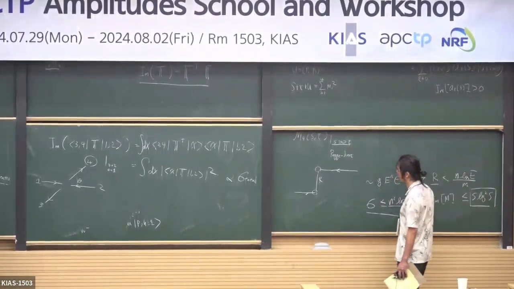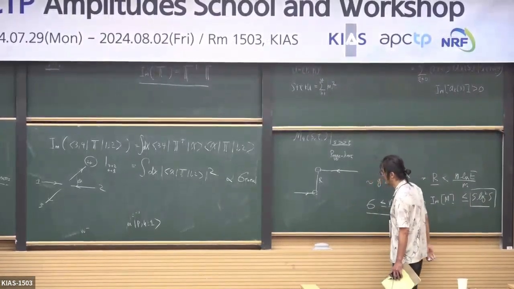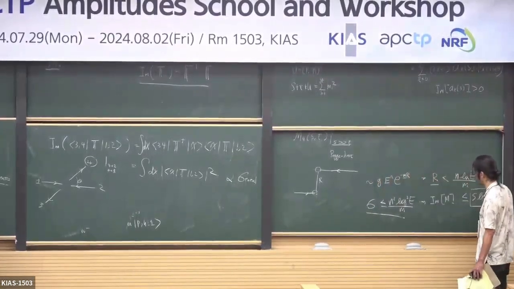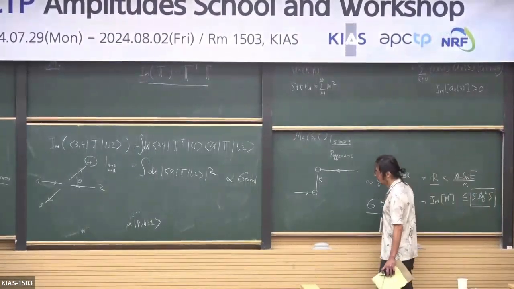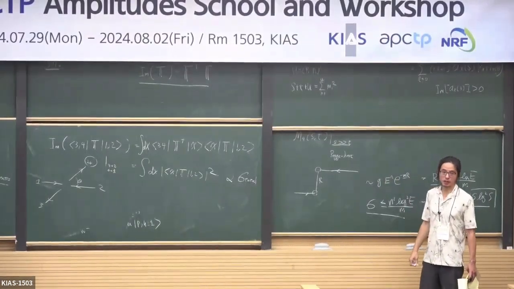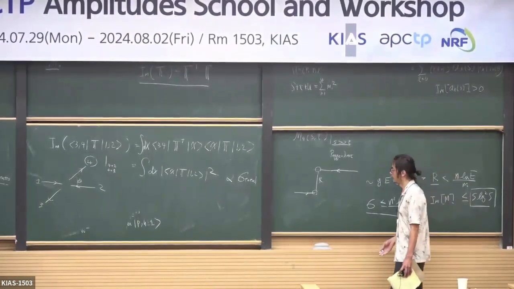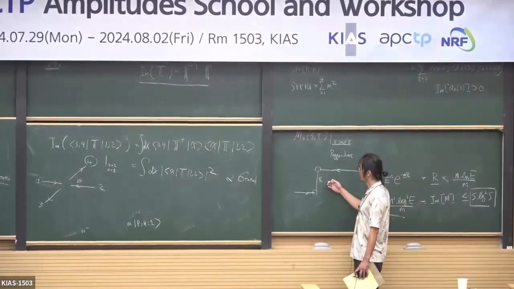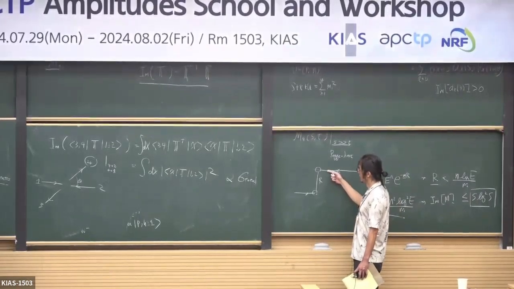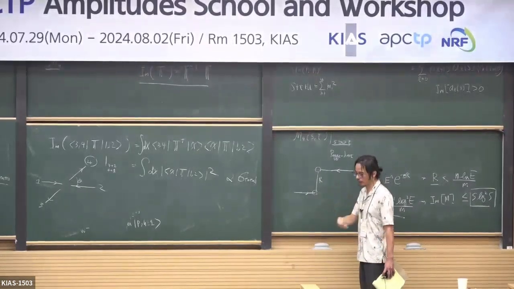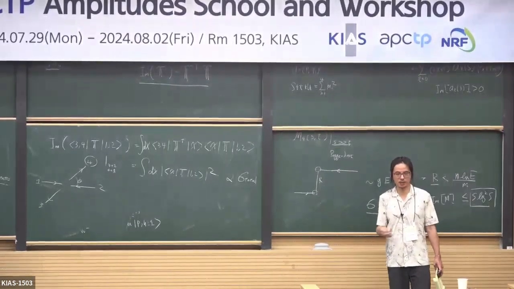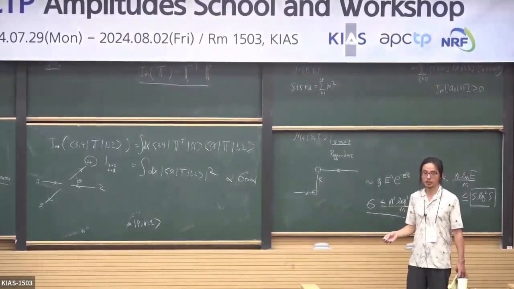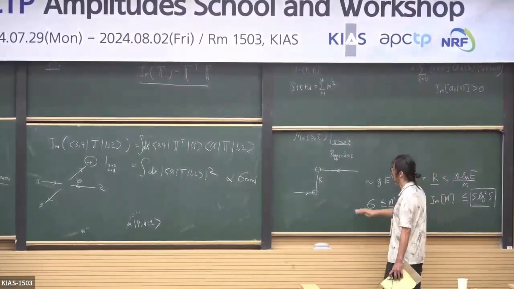In that case, there are various ways that you can bypass this and still get something similar to this s squared bound. Most of these have to do with going to higher dimensions. At large distances, whatever the complete theory is, the scattering is governed by GR.